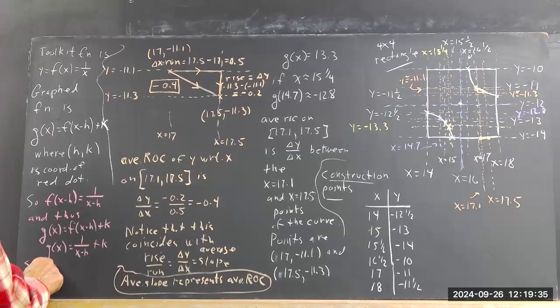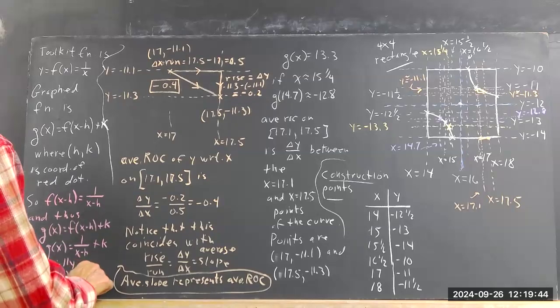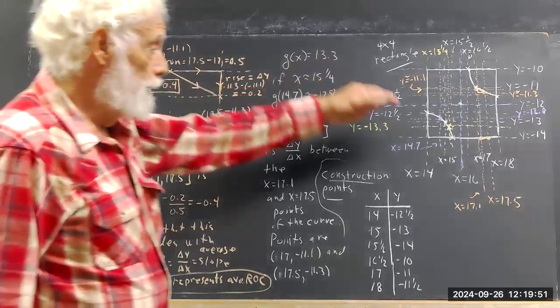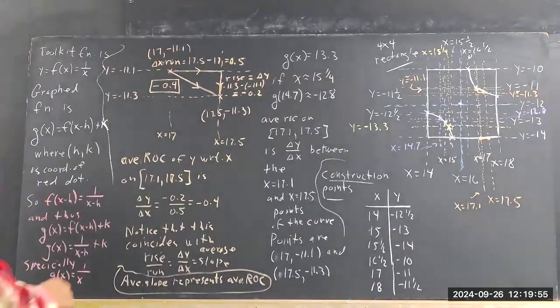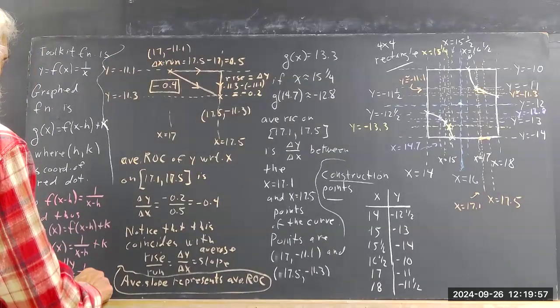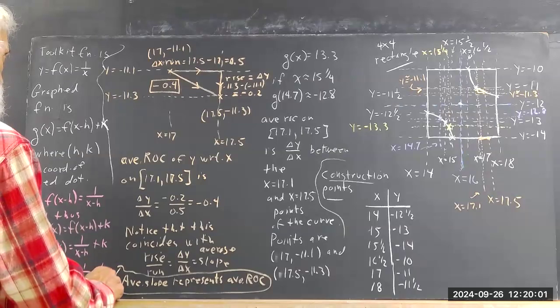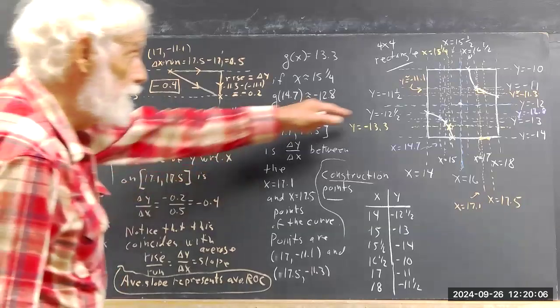Then specifically, g of x is 1 over x minus h. Remember, h, k is the coordinates of the red dot. The red dot x equals 16, that was given to you at the very beginning. So you get x minus 16 plus k, which is negative, look at the graph to make sure, 12.